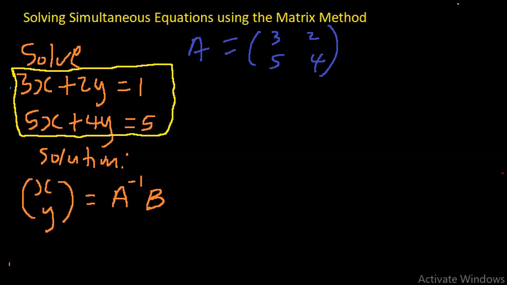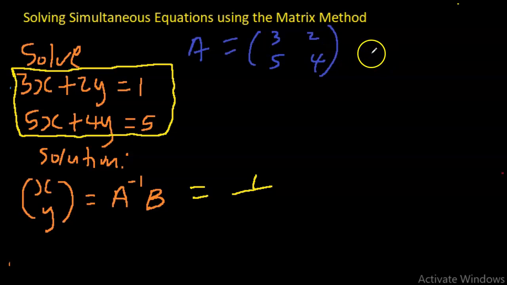Okay, so xy equal A inverse times B. Alright, let's do this now. So A inverse, now, remember the formula for the inverse of a matrix? 1 over determinant times the adjoint. The inverse of any matrix is 1 over determinant times adjoint.